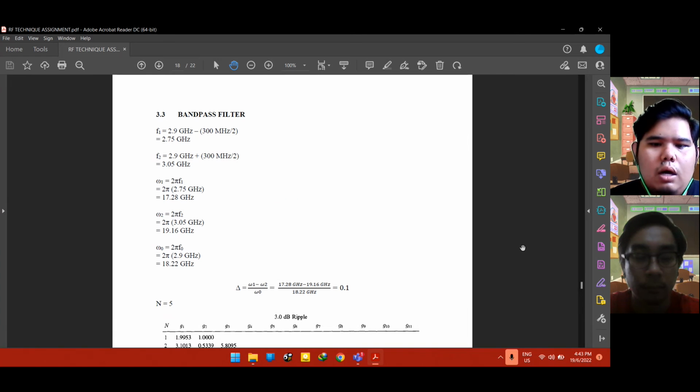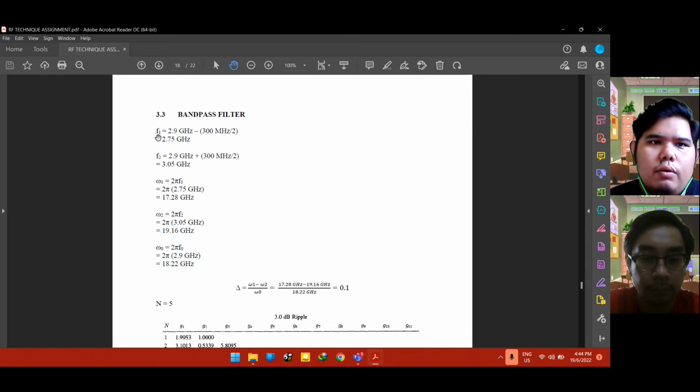So here for the band pass filter, the value given is, we need to find the F1. The bandwidth is 300 megahertz, and the given center frequency is 2.9 gigahertz.